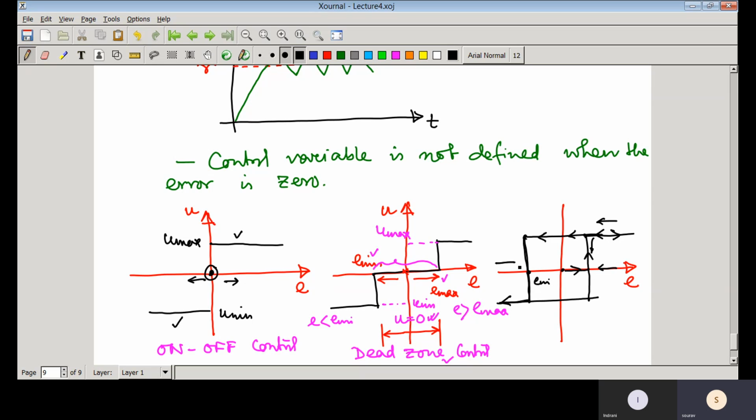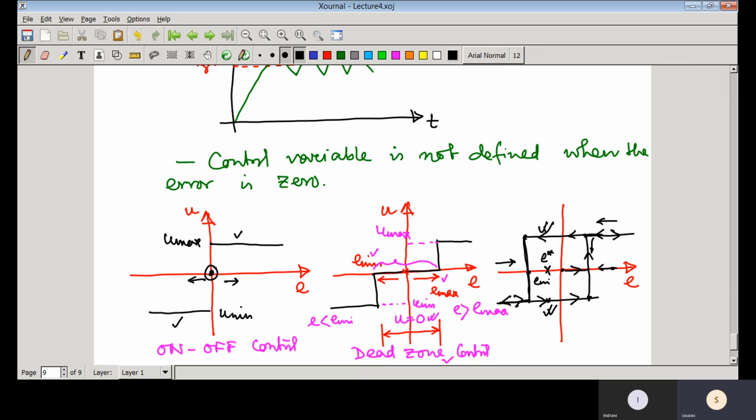Then again suppose error is increasing, so when error is increasing, it follows this path and finally it jumps here. So whenever, suppose, your error is E star, then you may ask a question, what would be that value? So it may take this value or it may take that value.